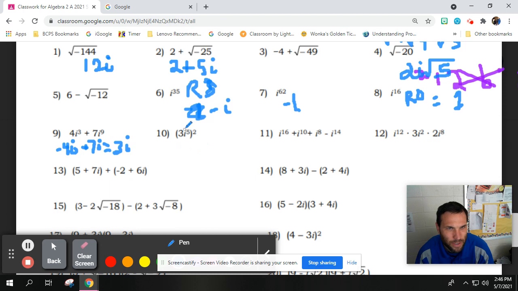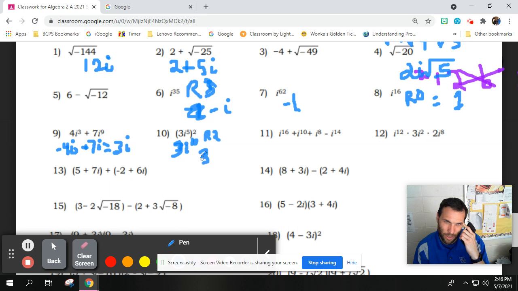This one is going to be the power rule. So this is 3i to the 5th twice. So there's actually 10 i's, so it's 5 times 2. So this is the same thing as 3i to the 10. That's a 3. And i to the 10th has a remainder of 2, so it'd be negative 1.